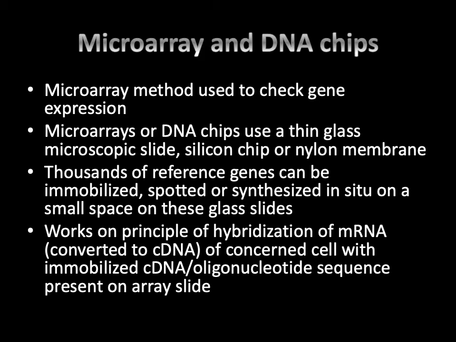What happens is we have reference genes which are immobilized or spotted and then synthesized in situ on this small space on the glass slide. It works on the principle of hybridization, so the attachment of the messenger RNA, which is converted to cDNA in the cell, to an immobilized cDNA and oligonucleotide sequence present on the array slide.